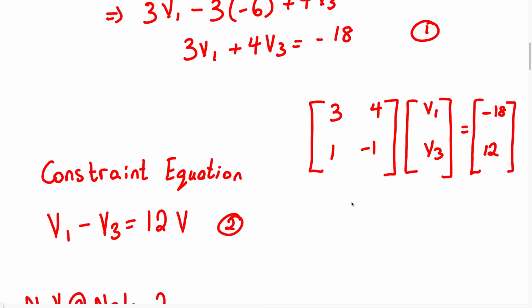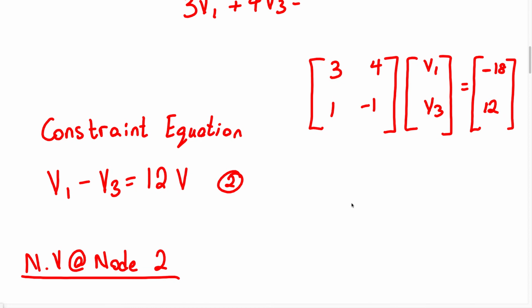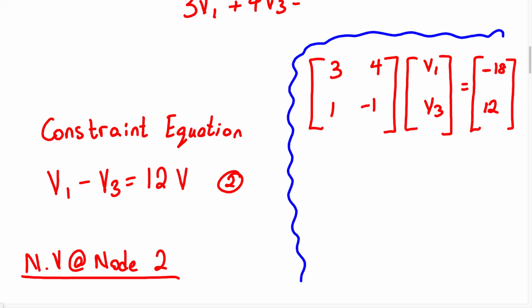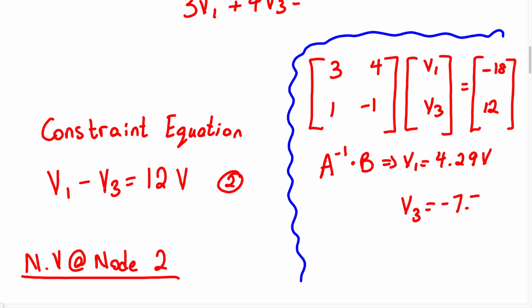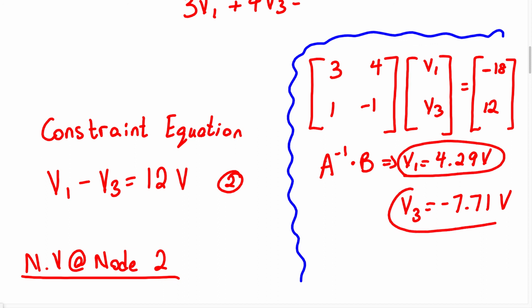When you put this in our calculators, we're going to say the inverse of A multiplied by B. When we do that, that's going to give us V1 equals 4.29 volts and V3 equals negative 7.71 volts. So these are the voltages at node 1 and at node 3.